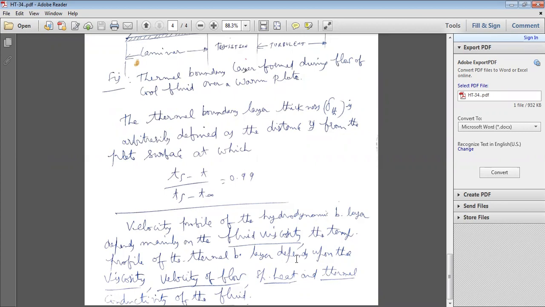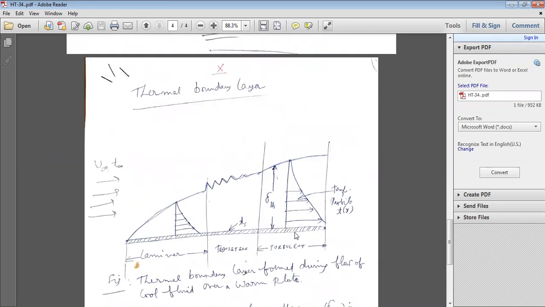So all of you practice the problems at home and solve a number of problems, then it will be very easy in convection. Tomorrow we continue with this thermal boundary layer, and again the heat transfer coefficient equation h and Nusselt number Nu will be derived, the derivation part. After that you have to go for problems on heat transfer also.